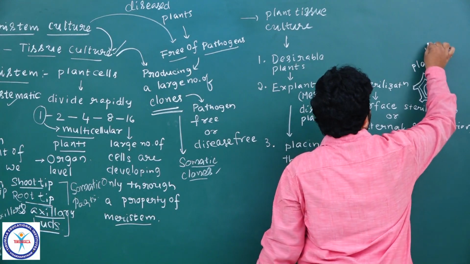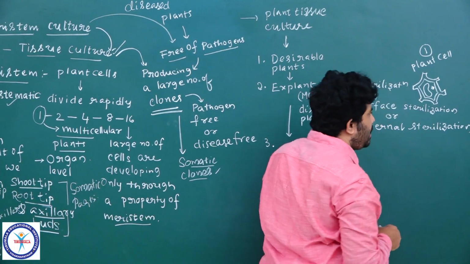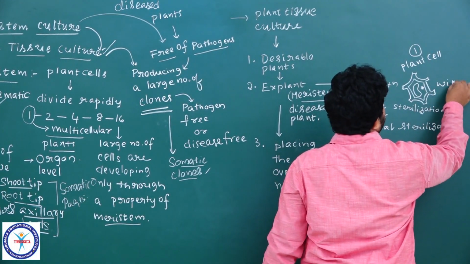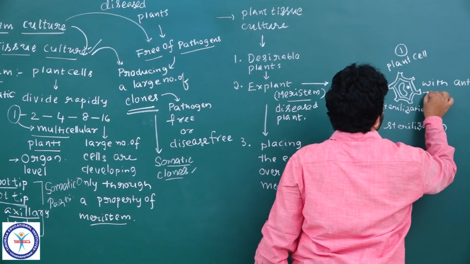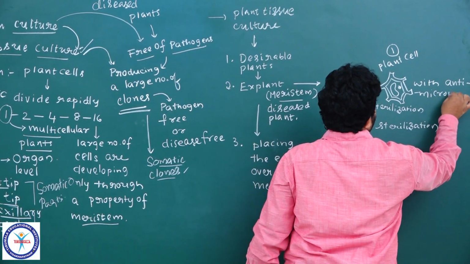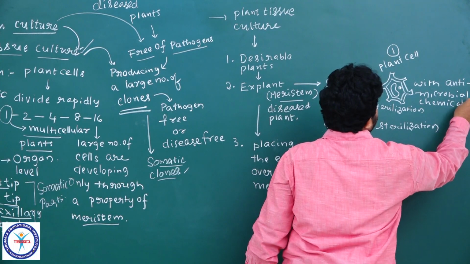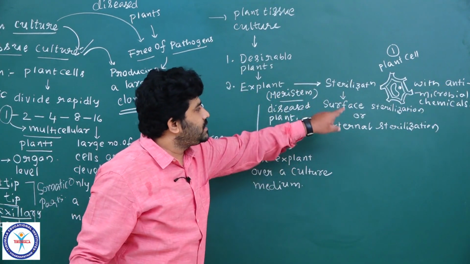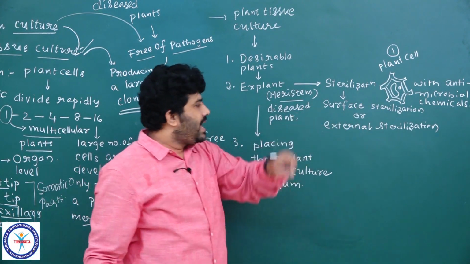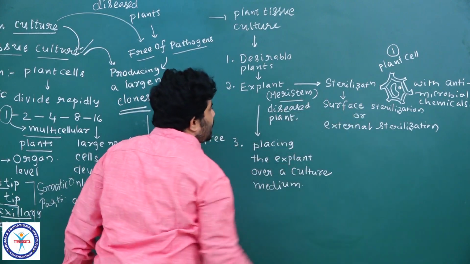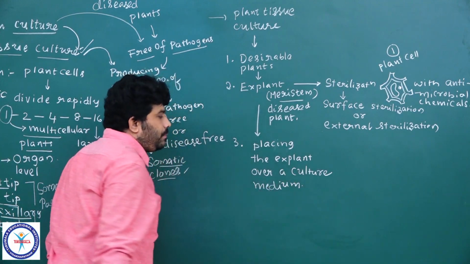If we wash the surface of this plant cell properly with antimicrobial chemicals, we just wash and clean the surface of the plant cells and tissues like meristematic cells. That is what we call surface sterilization or external sterilization.